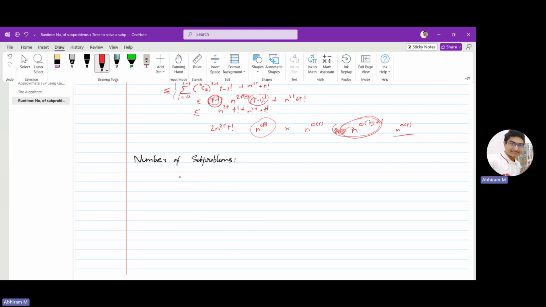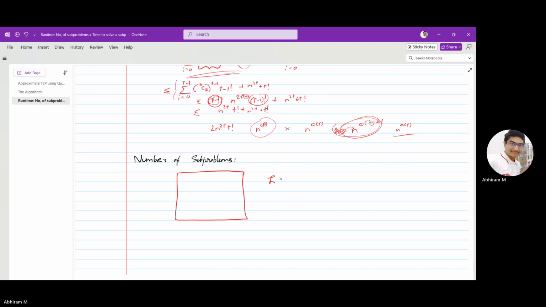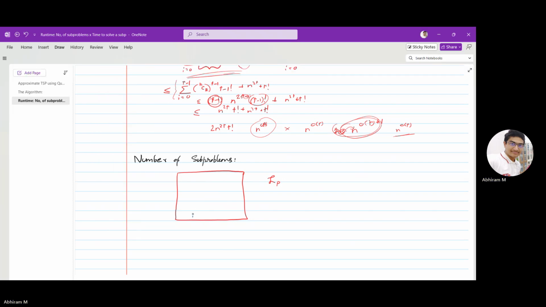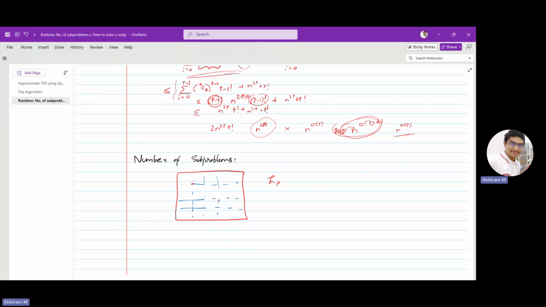Okay, let us look at our big rectangle, and then we have our L of T. These are the possible cutting lines. We'll draw some cutting lines, and let us say for example these are the points and these are the cutting lines.